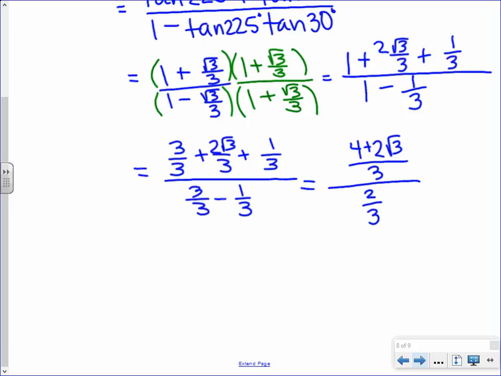Now we have a fraction divided by a fraction. Let's remember back to our pre-algebra days that this just means we are going to take the numerator and multiply by the reciprocal of our denominator.